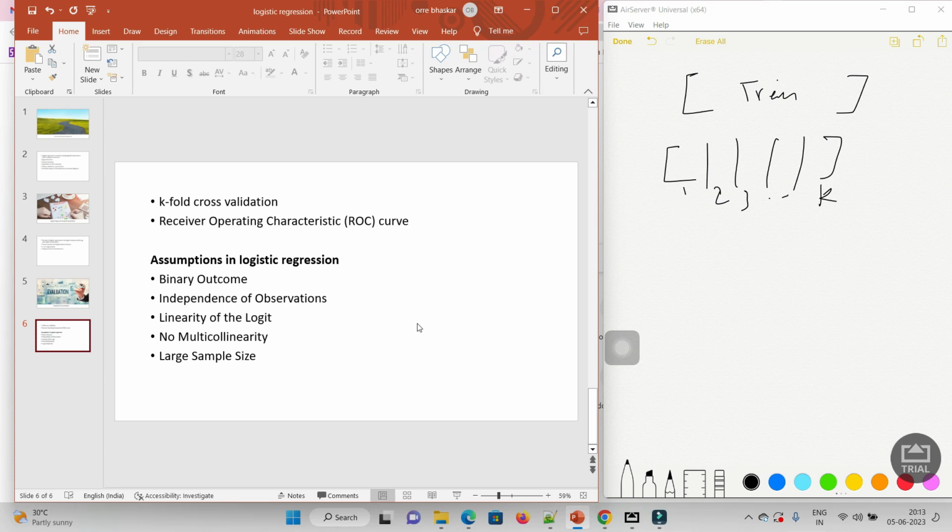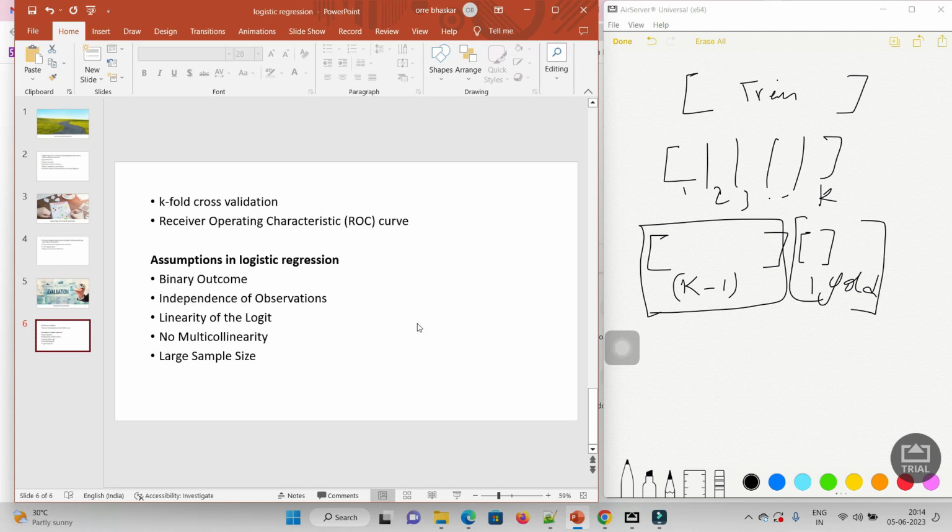What will you do? For each step, we keep one fold aside and k minus 1 folds as our train data. So this will be our train for one iteration, and this will be our test or validation data. We'll be training on the train data and testing on the validation data.